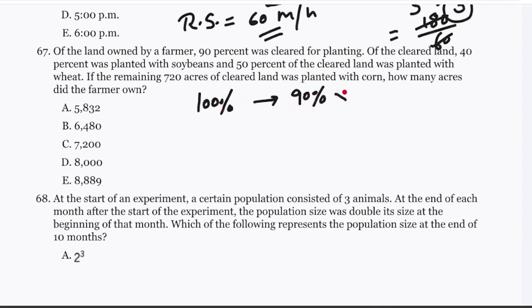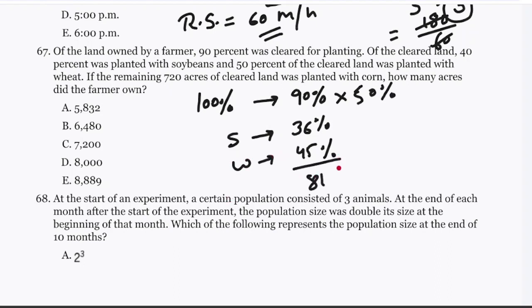Now 90% का अगर मैं 40% कैलकुलेट करूं, that is 36%. तो 90 में से 36% land was used for soybeans, and 50% of the cleared land, matlab 50% of 90%, that is 45%, was planted with wheat. Now the total comes out to be 81%, that has already been planted. Remaining, out of 90 minus 81, that is 9%. Now this 9% land is equal to 720 acres.